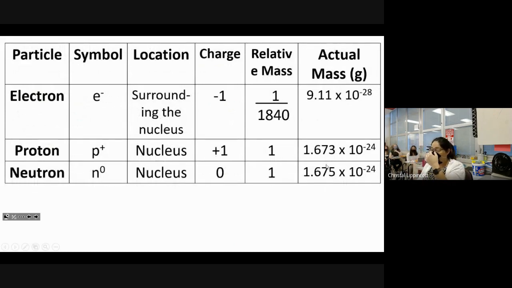Well, essentially what a neutron is, it's a proton and electron stuck together. Okay? And that's why the mass here is just slightly heavier, because the proton is so much bigger than the electron. When you add it in, it doesn't add a whole lot, but it adds just a little bit. Okay? So that's where that comes from.